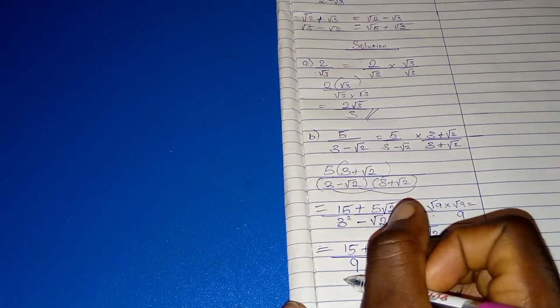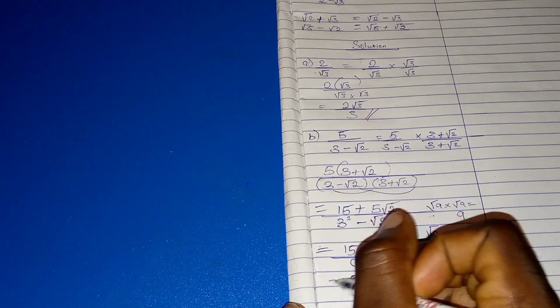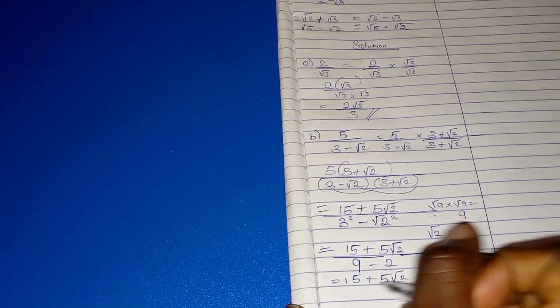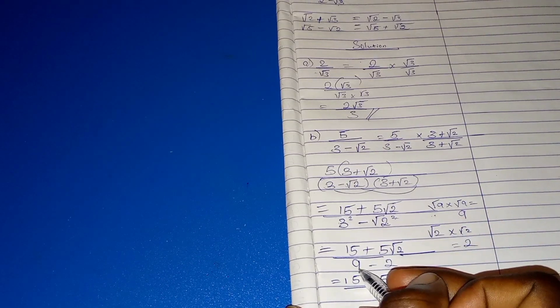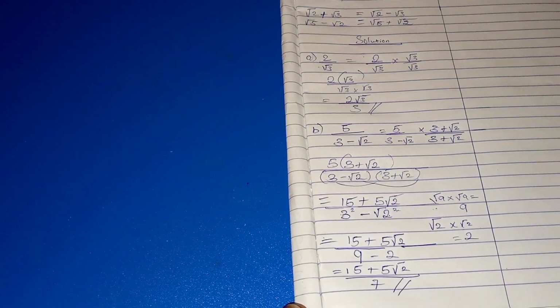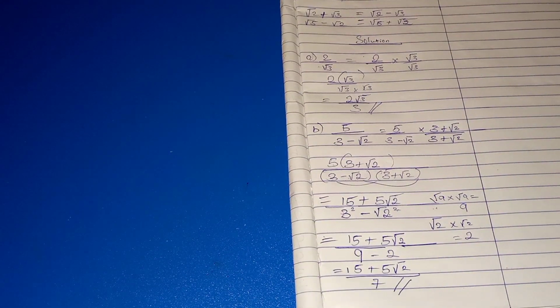Now 15 plus 5 root 2 all over 9 minus 2, which is 7. So this is the final answer to this expression.